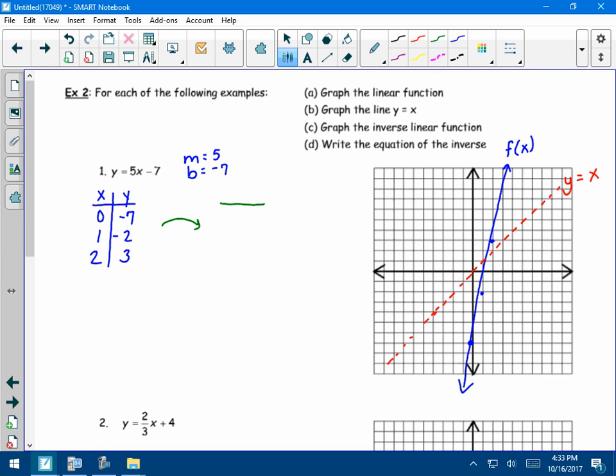When I want a table for the inverse, what do I do? I switch x and y, so -7, 0, negative 2, 1, and 3, 2. Plot those. Negative 7, 0, negative 2, 1, and 3, 2.